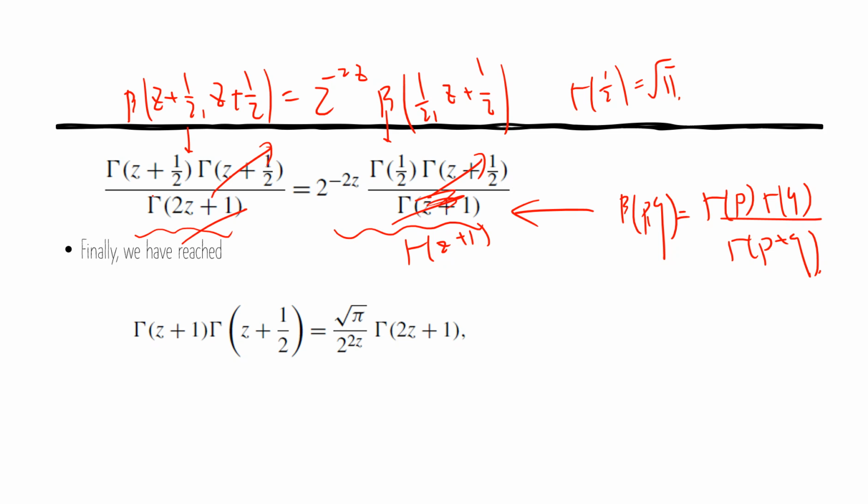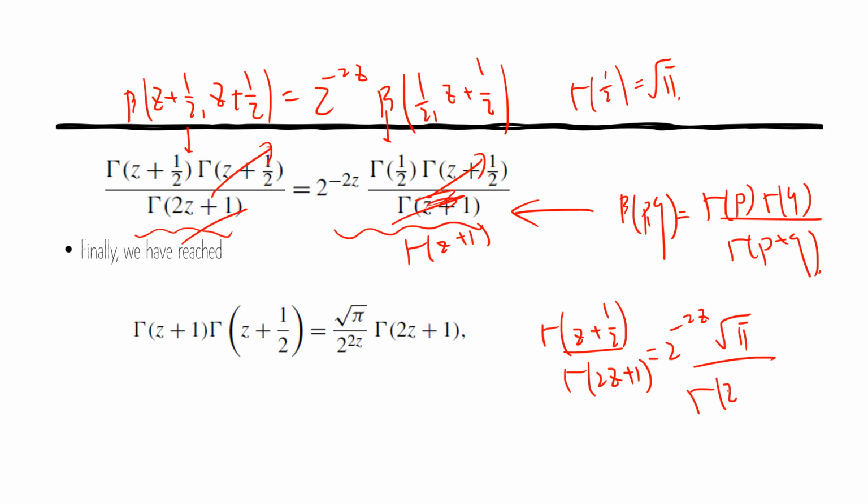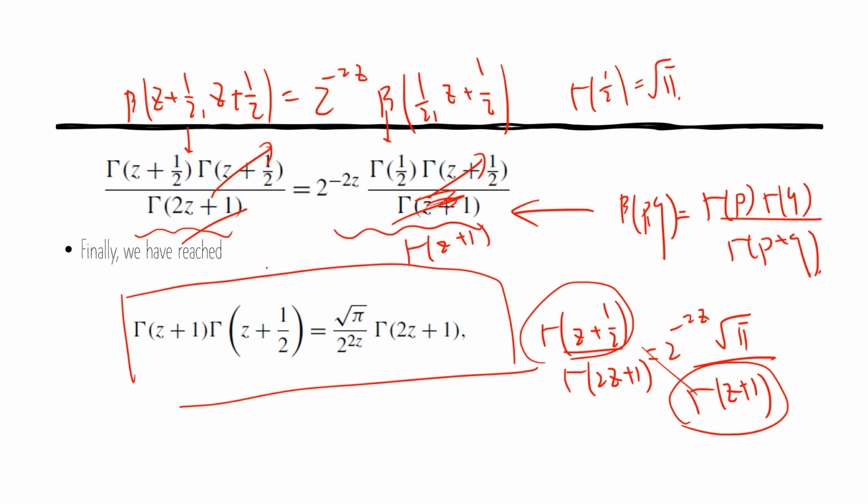Now we have gamma(z+1/2) gamma(2z+1), 2 to the negative 2z, square root of pi, gamma(z+1). So finally we multiply this and this, and it equals square root of pi over 2^(2z) gamma(2z+1). So finally we have reached this.